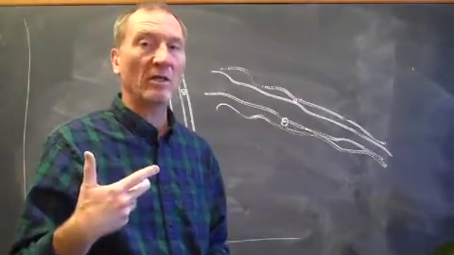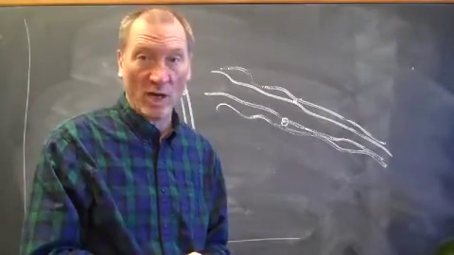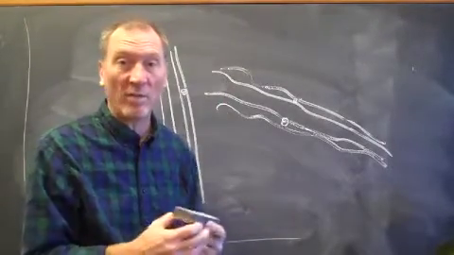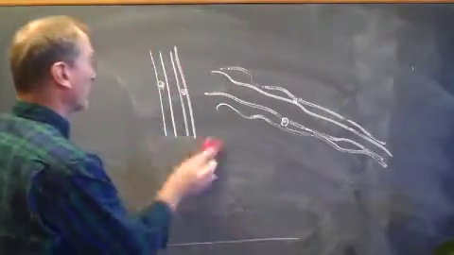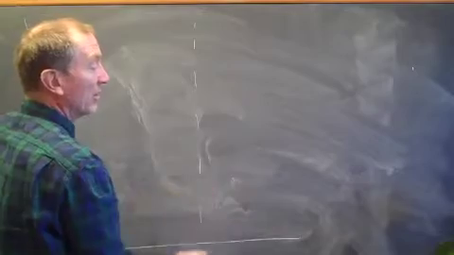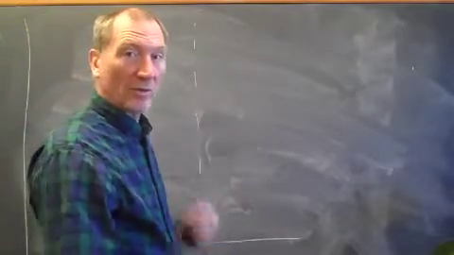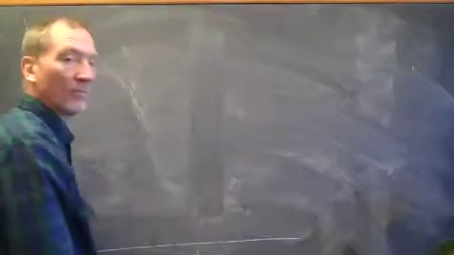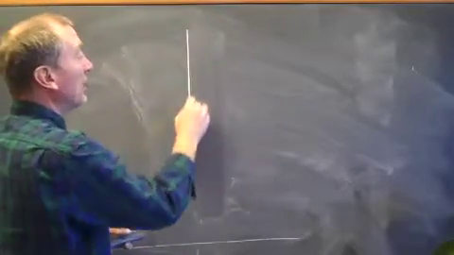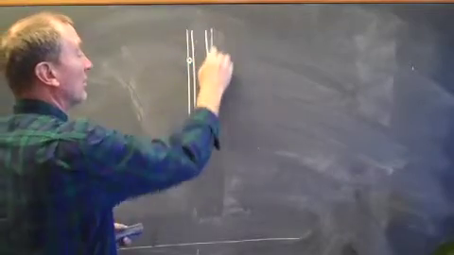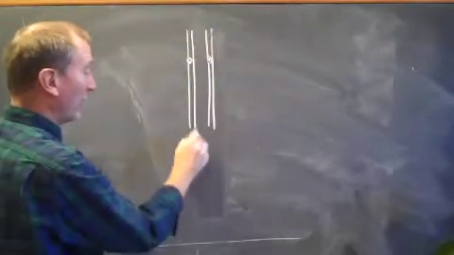Now as the cell moves into metaphase 1, the chromosomes line up on the metaphase plate. Let's say the metaphase plate runs vertically through the cell, and in that case, the chromosome tetrads line up like so.